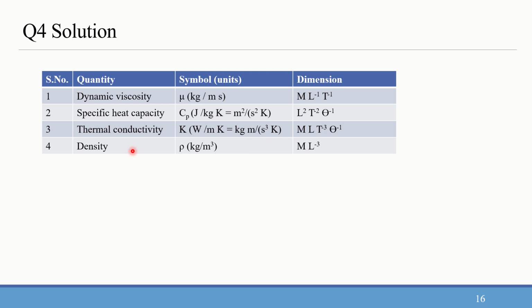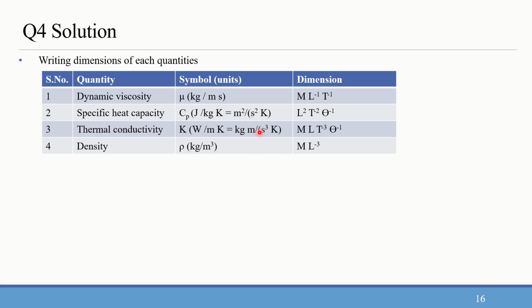Density we are giving as rho, and it is kg by meter cube. Kg is M, again M here is mass not meters, and L here is the characteristic length denoting the meter units. So M L^-3. This is how we are specifying the dimensions for all the quantities given in the question.